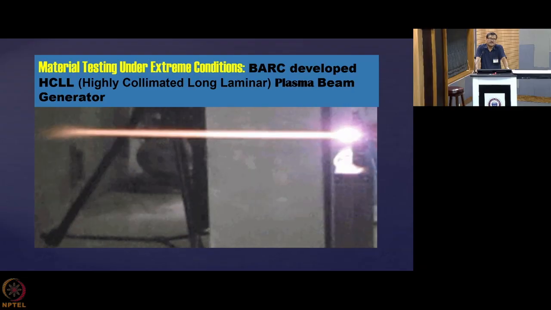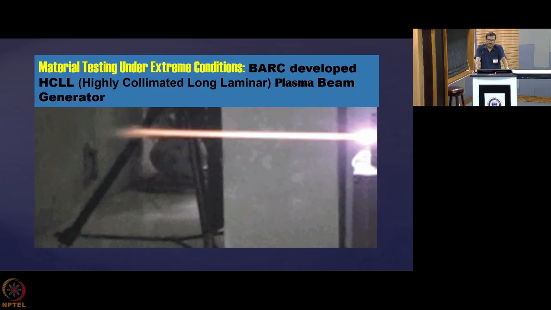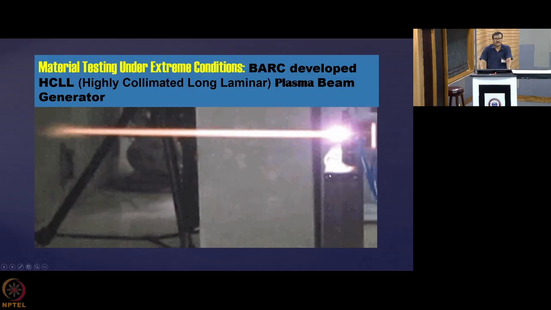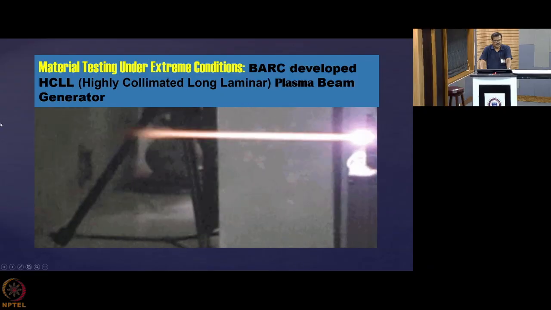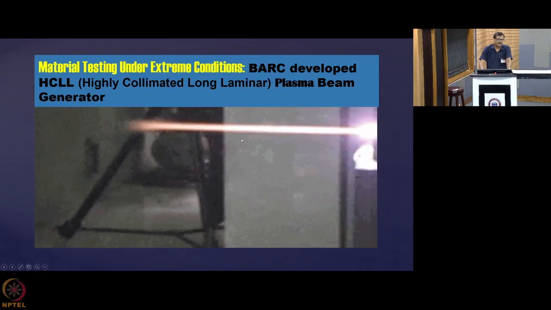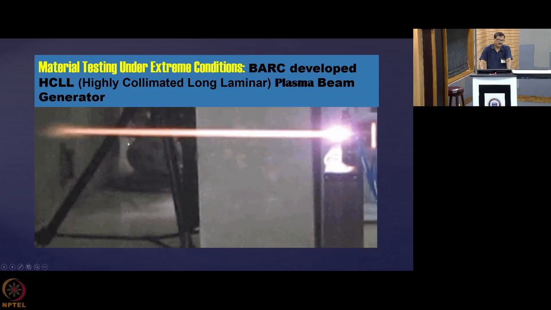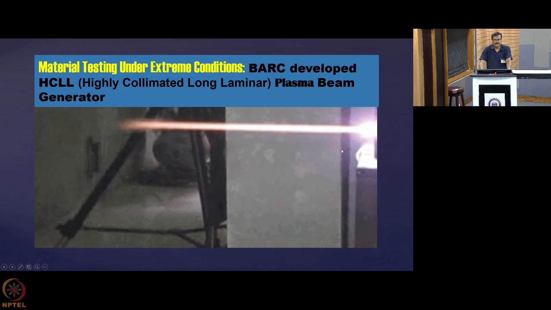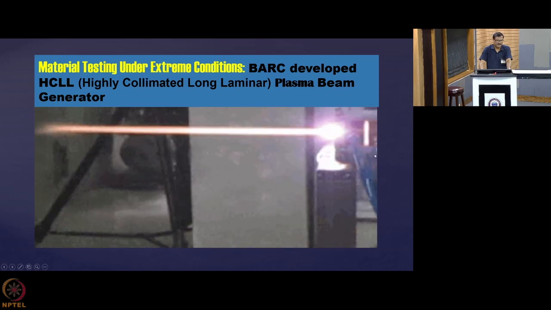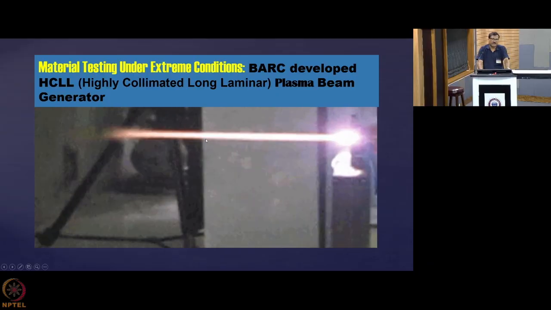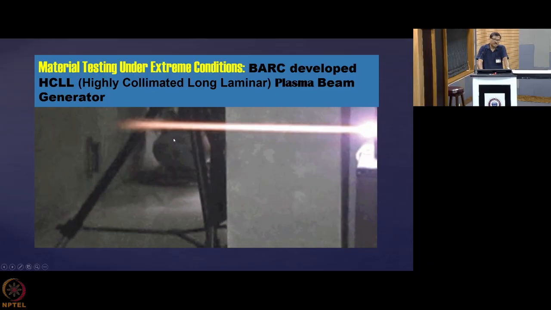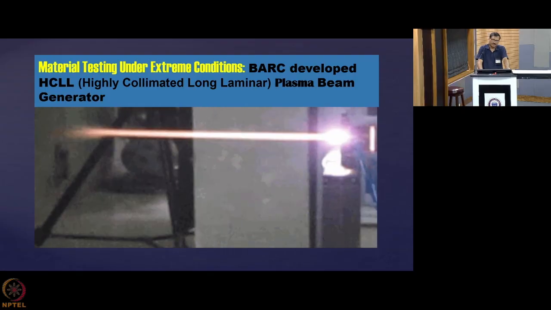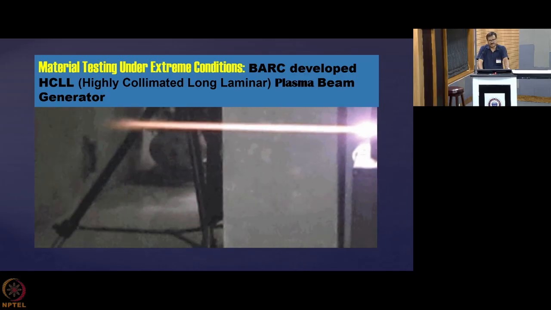So, there is an easy alternative. This one, where we have generated a thermal plasma beam as you are seeing over here. This is a helium beam coming out from the plasma jet, and as you can see, it comes out like a laser beam without any divergence. So this is a highly collimated, long laminar plasma beam generated using this plasma device. This can give you the particle flux and heat flux which is comparable to the situation in fusion devices.